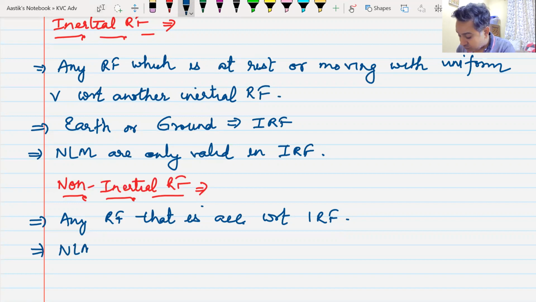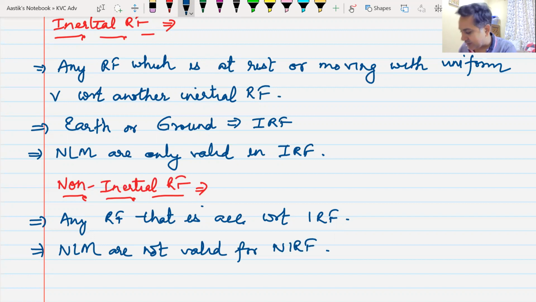Newton's laws of motion are not valid for non-inertial frames. I call it NIRF, non-inertial reference frame. Newton's laws are not valid for a non-inertial reference frame. So what do we do?